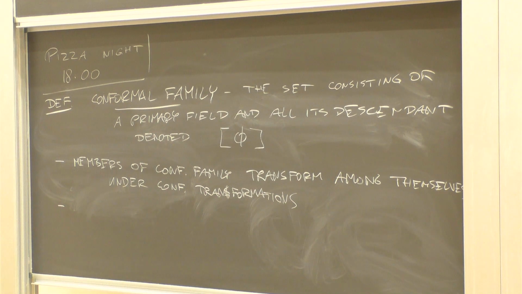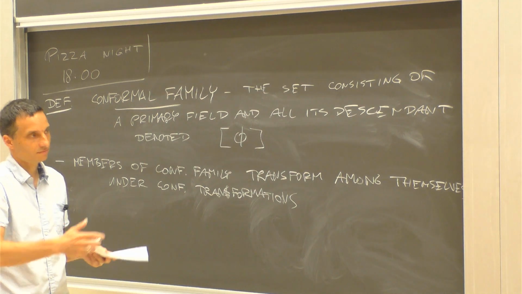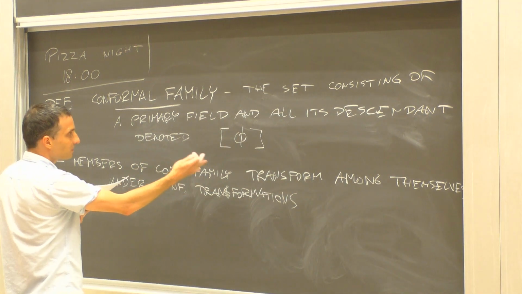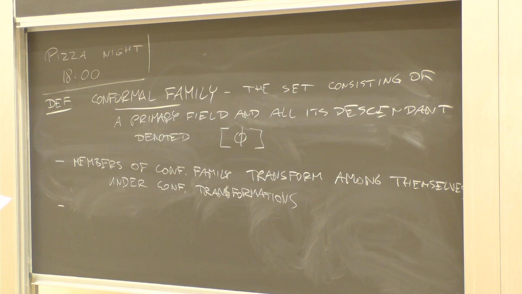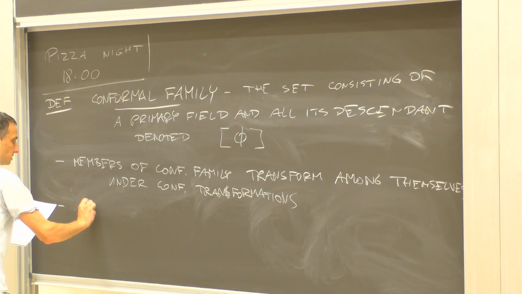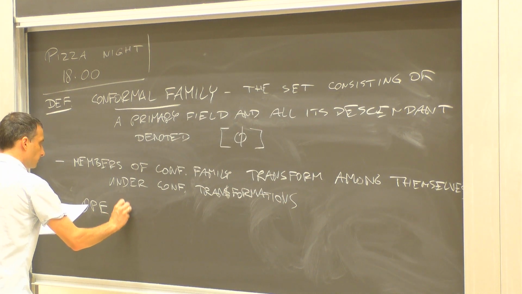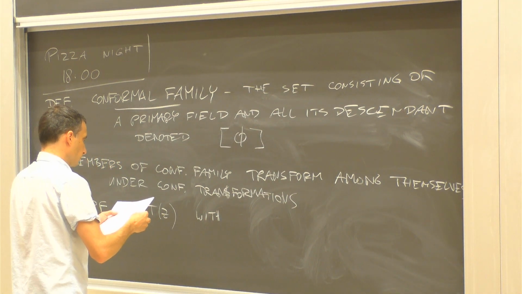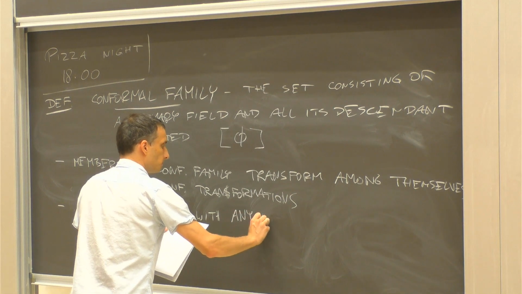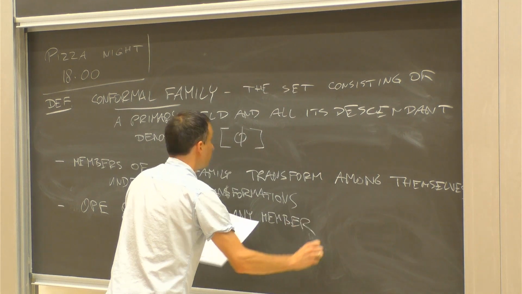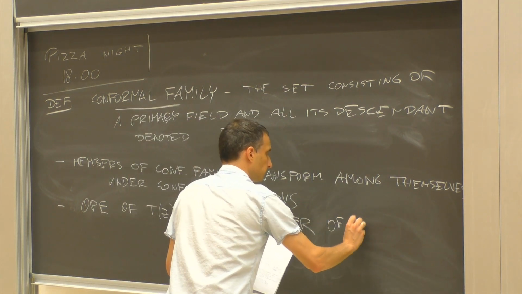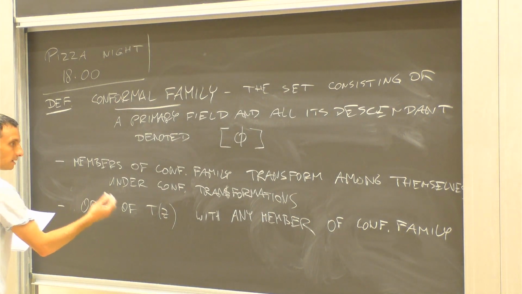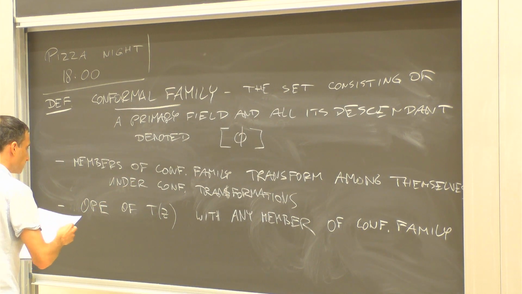So if you have a given primary field, you can form all these descendant fields, and you can be sure that when you make conformal transformations, you will not go beyond it; any member of this family will not create any state which would not belong to this family. And similarly, if you take the OPE of T of z with any member of such a conformal family, in the expansion you may get only members of this family.